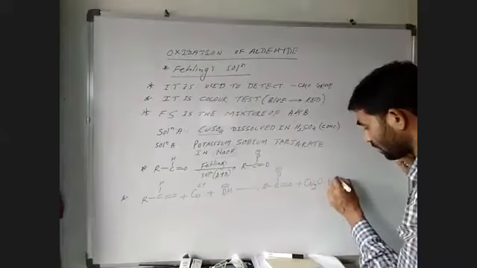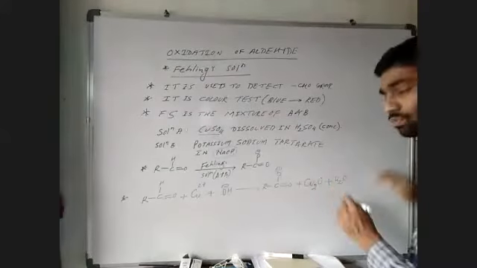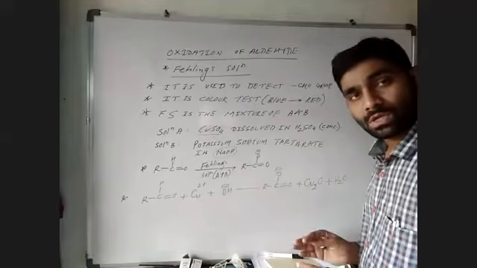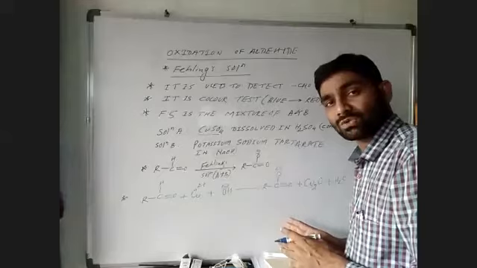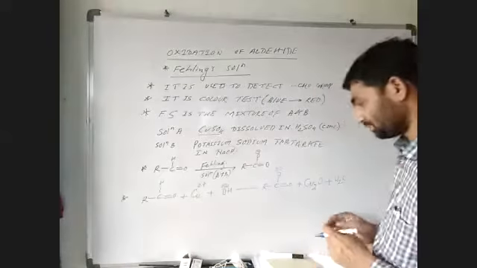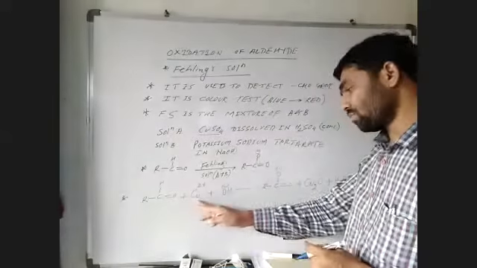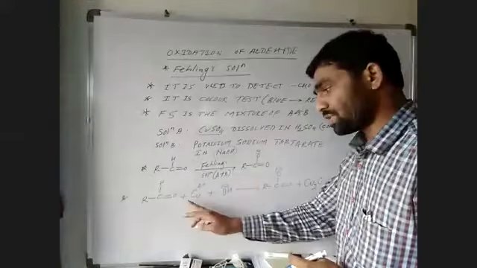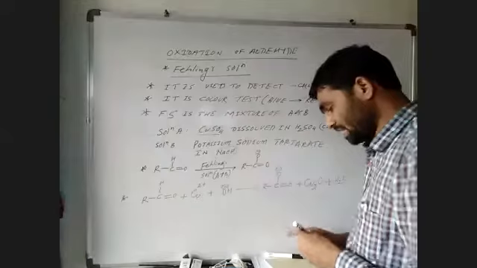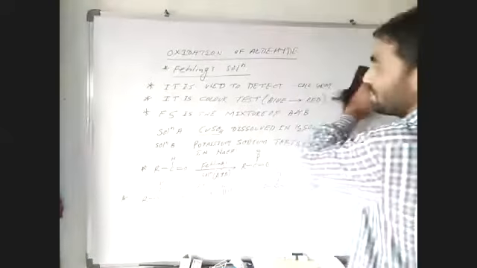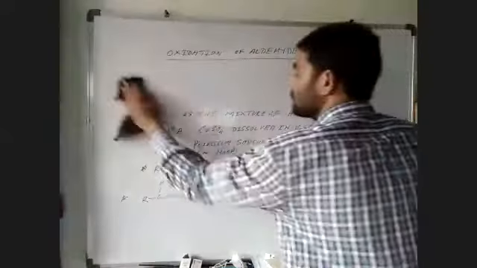And there is a formation of water molecule. We can balance this equation, no problem. If you see this copper 1, and this is copper 2, so we can have 2 here. It is easy to balance this reaction.